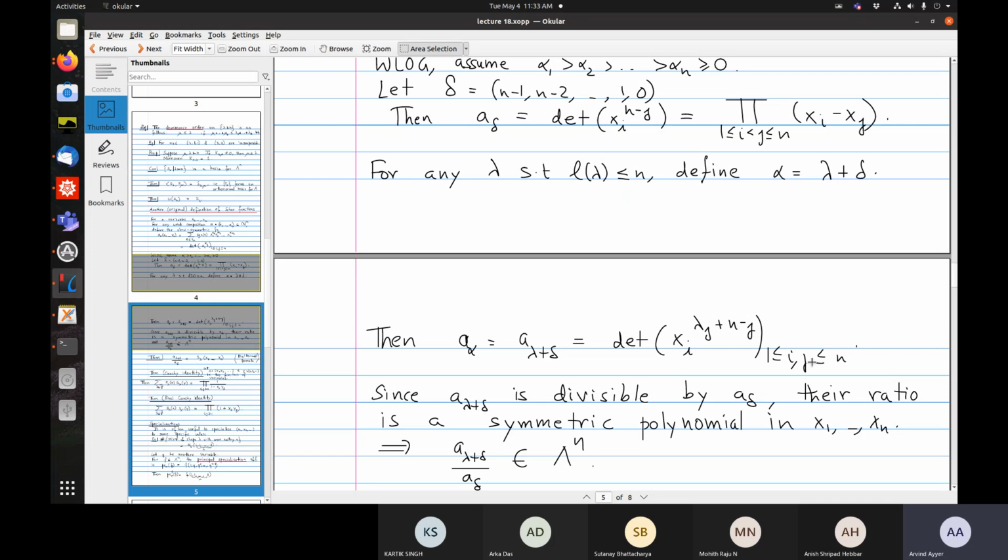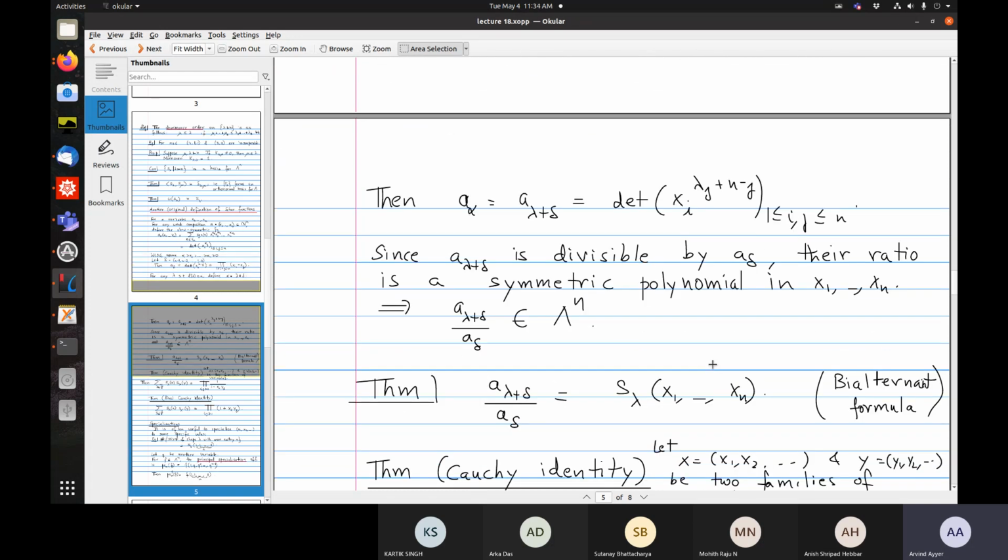Lambda is a partition with at most n parts. So this has the disadvantage of dealing only with finitely many variables, but it's nonetheless powerful and useful, especially for us.